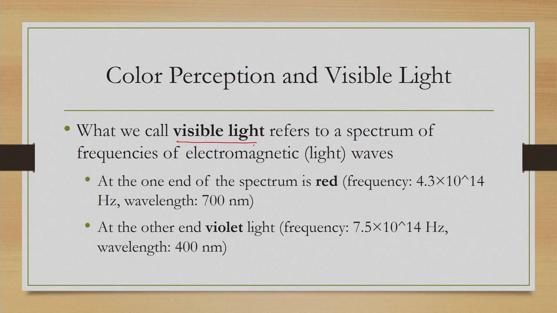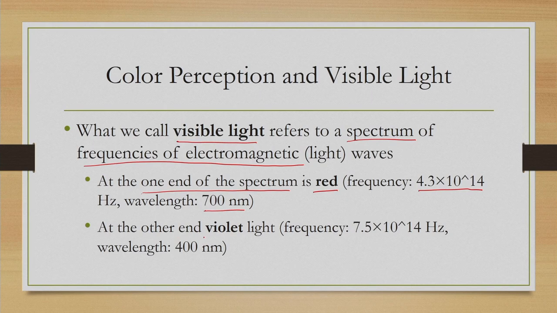Now, what is this visible light? It refers to a spectrum of frequencies of electromagnetic waves, which are the light waves. Now, spectrum means it is a range. At one end of the spectrum is the red light with the frequency mentioned here and 700 nanometer wavelength.